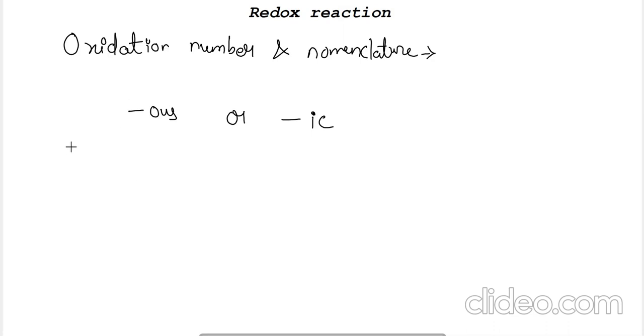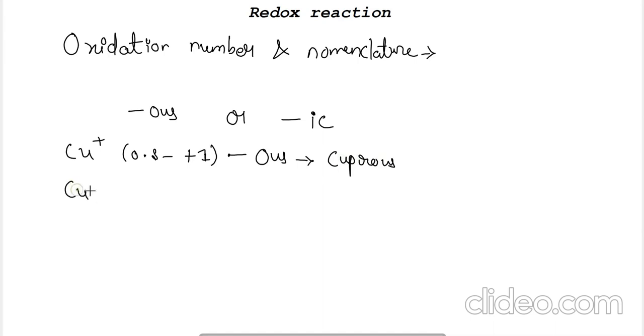For example, if copper is possessing 1 plus charge, it means that its oxidation state is +1. Then it was represented using the suffix OUS, that is cuprous. Similarly, if copper is having 2 plus charge, it means that its oxidation state is +2.